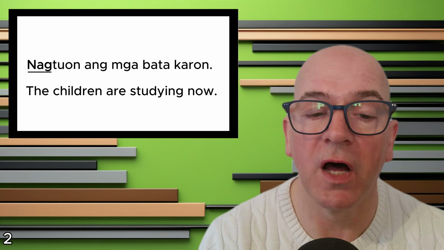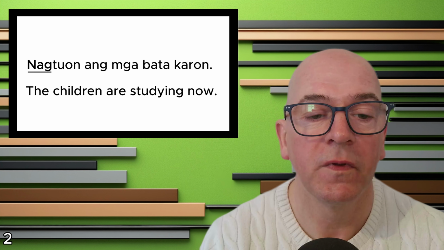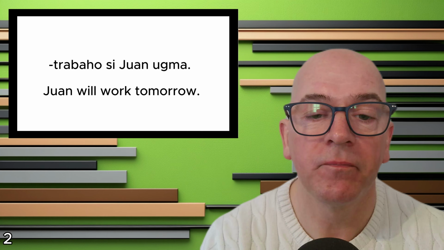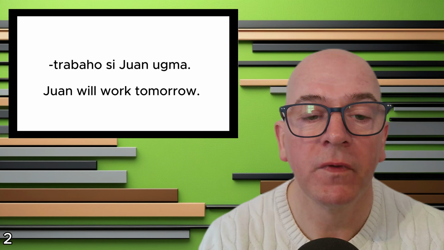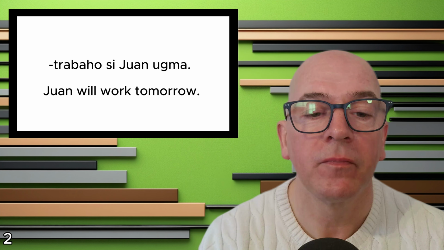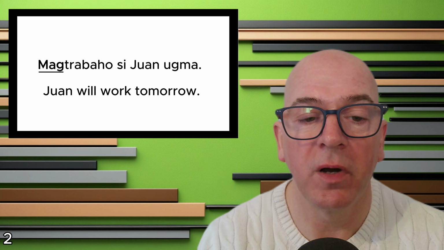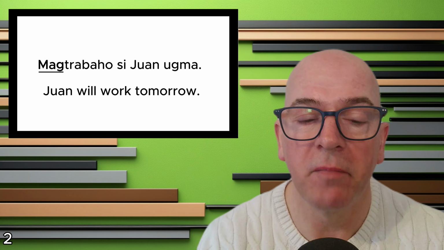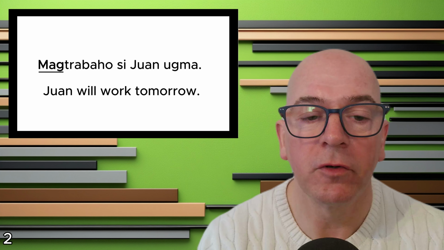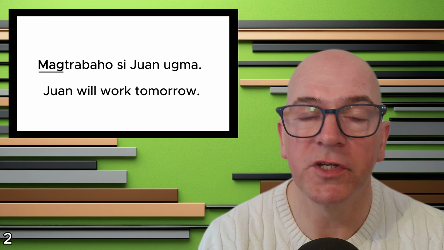Present nag. Nag tuon. Trabajo si Juan ugma. Ugma is tomorrow. So Juan will work tomorrow. Mac trabajo. Trabajo is mostly with mac. You could use mo, but it's more natural for a Cebuano speaking person to say mac trabajo.